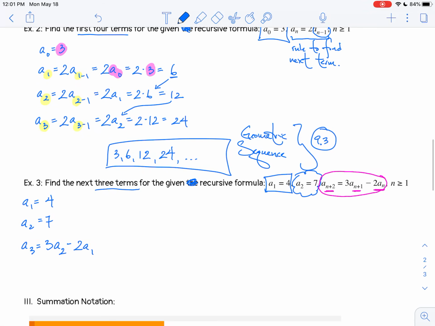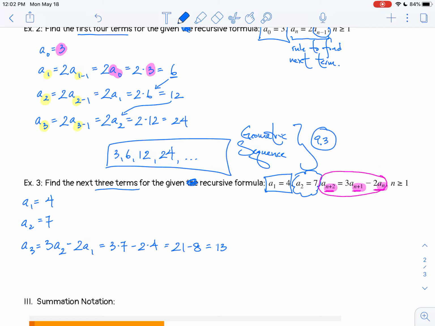If I look at the patterns in the subscripts, I have n, which is 1, this will be 2, and this will be 3. So to find the third term, I need to know the first term and the second term. Let's plug in our numbers. 3 times 7 minus 2 times 4 gives me 21 minus 8, which is going to be 13.